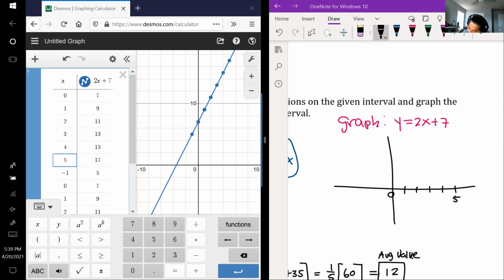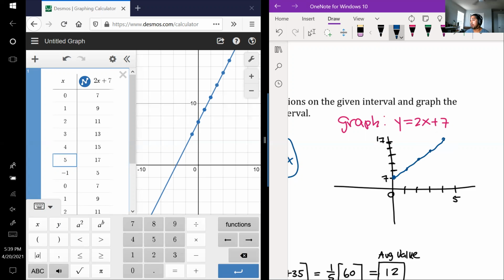So this will be 7, 9, 11, 13, 15, 17. So I'll just say 7 and 17. And when I graph this, we'll be at 0, 7. You'll be at 1, 9. And this just keeps going up to the right. So our graph would look like that.